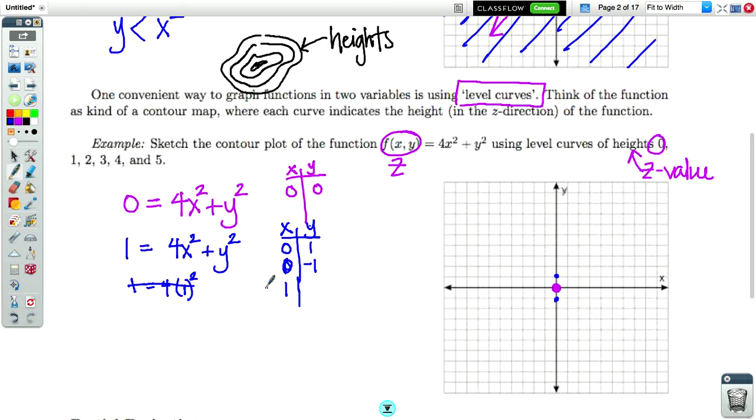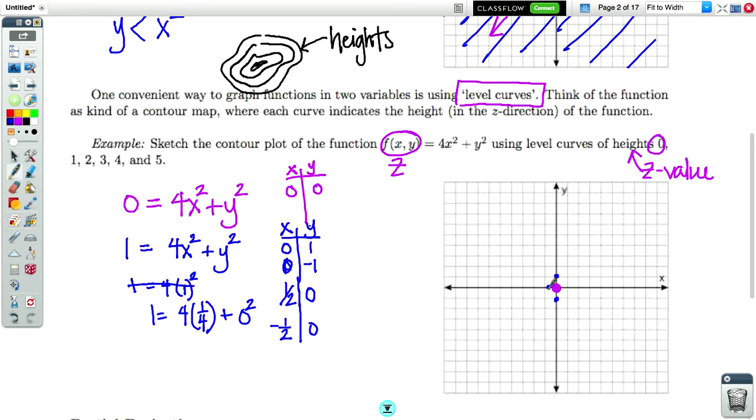These are going to have to be very small values. Well, what if I put in 1/2 for x? That changes this to 1 equals 4 times 1/4, which gives us 1. And then I would have to add in a y value of 0, and I could do that also with -1/2, and then a y value of 0 as well.